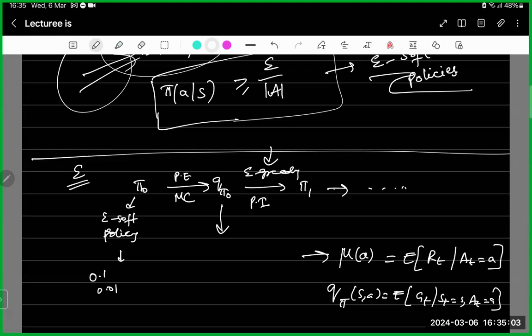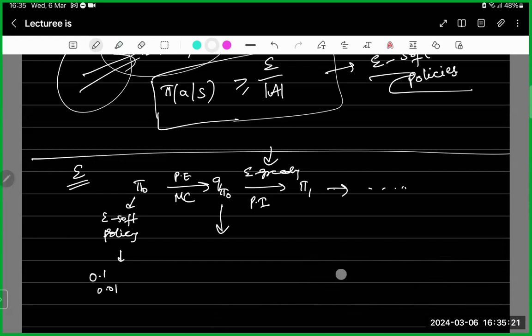But here in Monte Carlo, we are just estimating it, right? By running multiple episodes and looking at the G_t's and taking the sample average of all those G_t's. That's the estimated Q pi. Okay, so till here everyone is fine. How to do control with Monte Carlo?